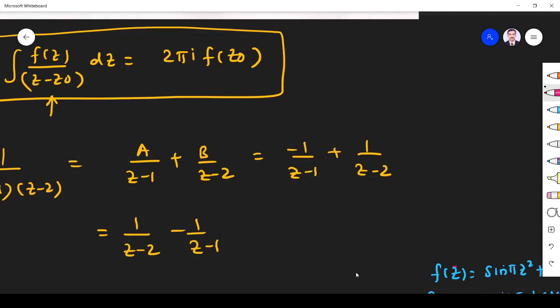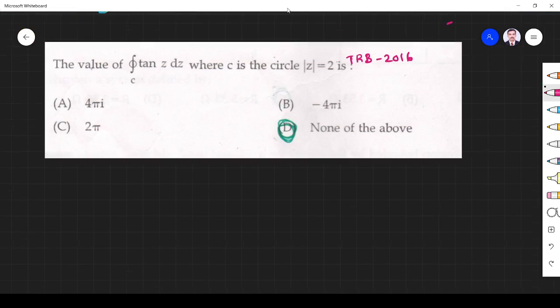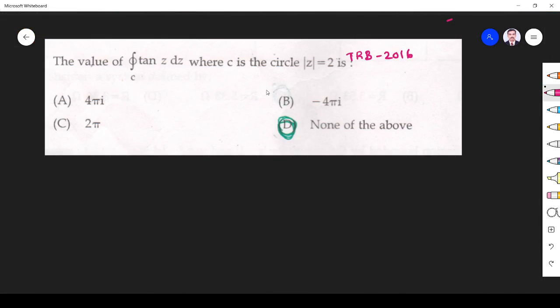Fine. And the last question is, this is also asked in TRB 2016. The value of integral, closed integral C tan z dz, where C is the circle mod z is equal to 2, is. Right, here we can use Cauchy's integral formula, but it's critical.